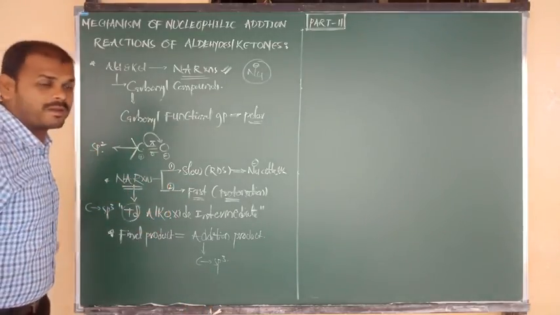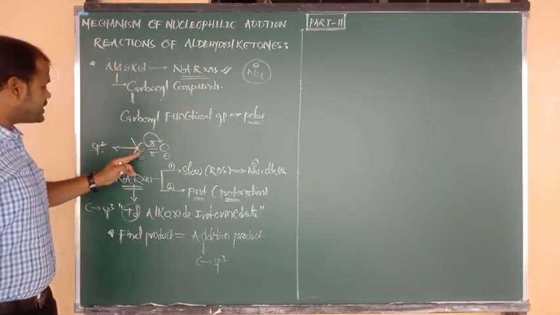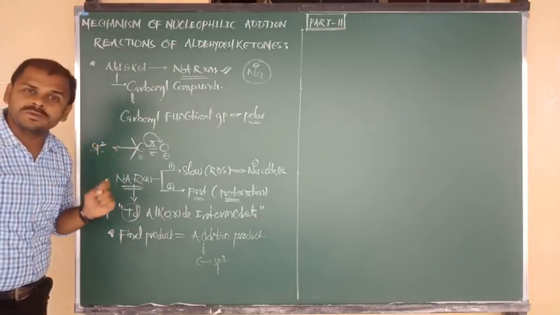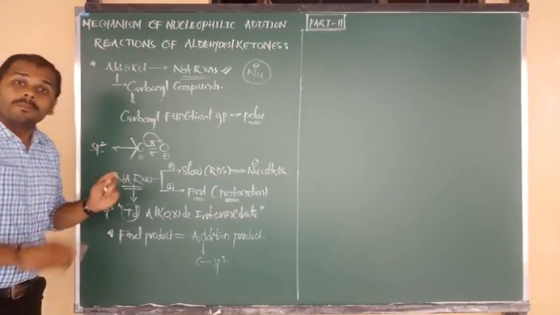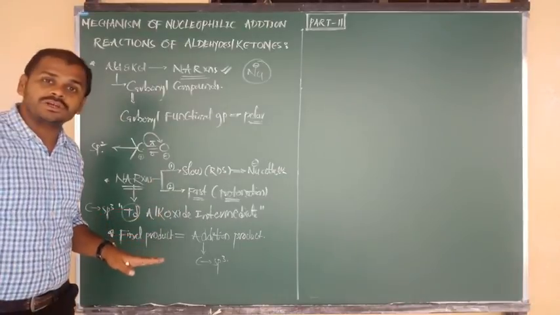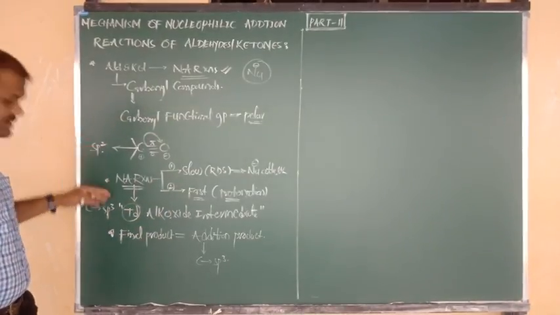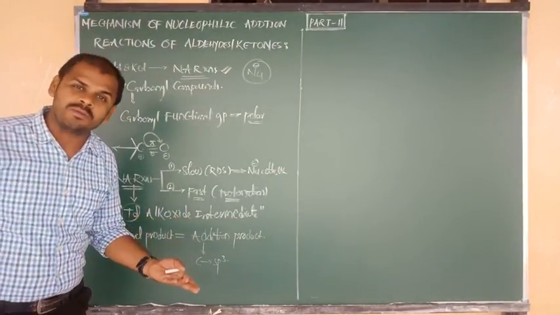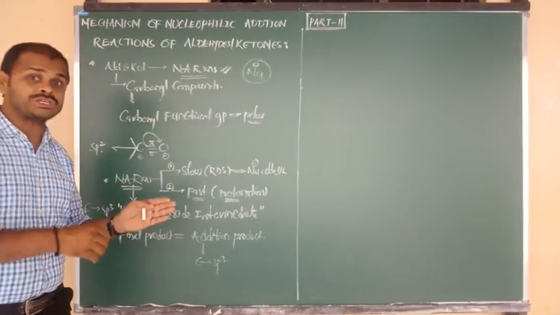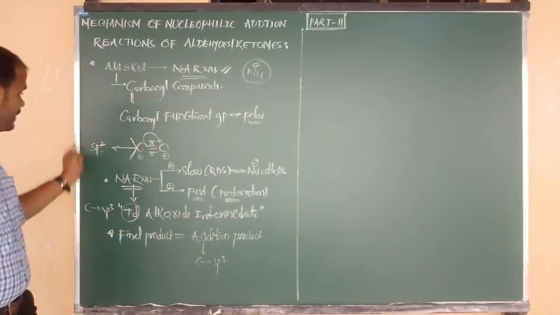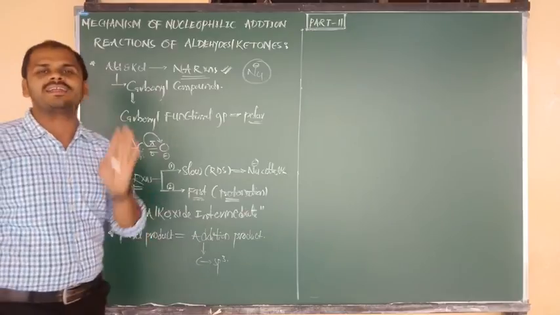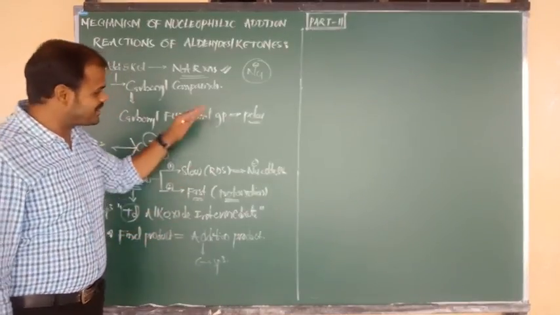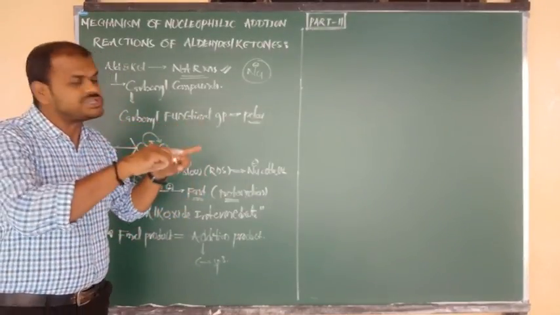You have to remember this point. In aldehydes and ketones carbon generally has sp2 hybridization, but after being involved in nucleophilic addition, sp2 carbon changes into sp3 hybridization. That means in this reaction the geometry also changes from trigonal planar to tetrahedral sp3. All these points I am going to cover in a single short equation.